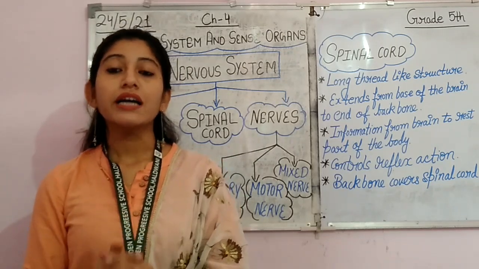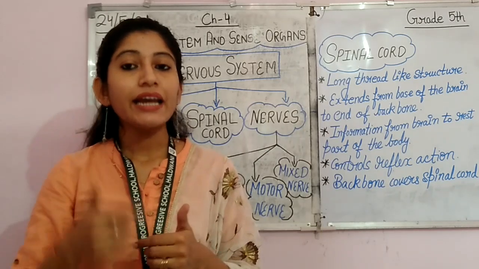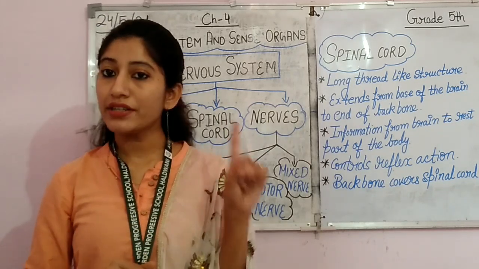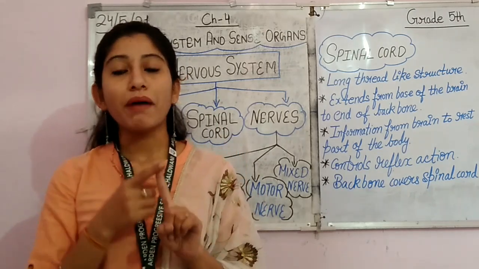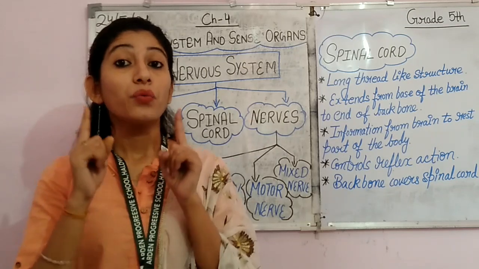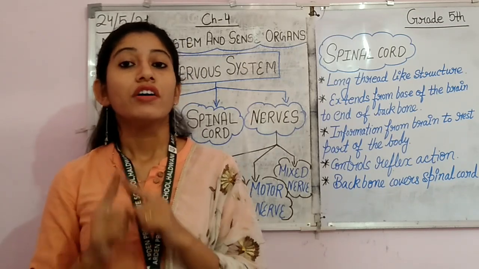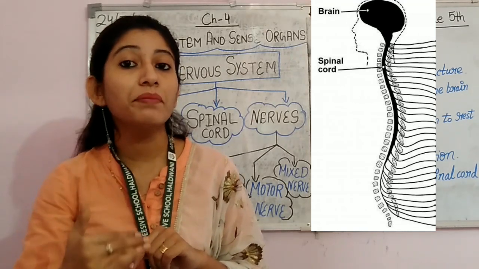So see beta, the spinal cord is a thread-like structure. The first thing you have to notice about the spinal cord is that it is a thread-like structure which extends from the base of the brain.